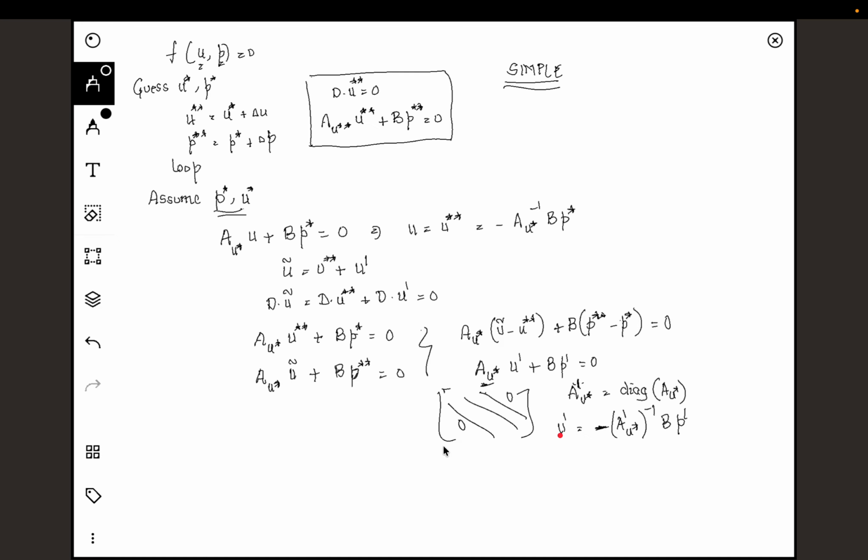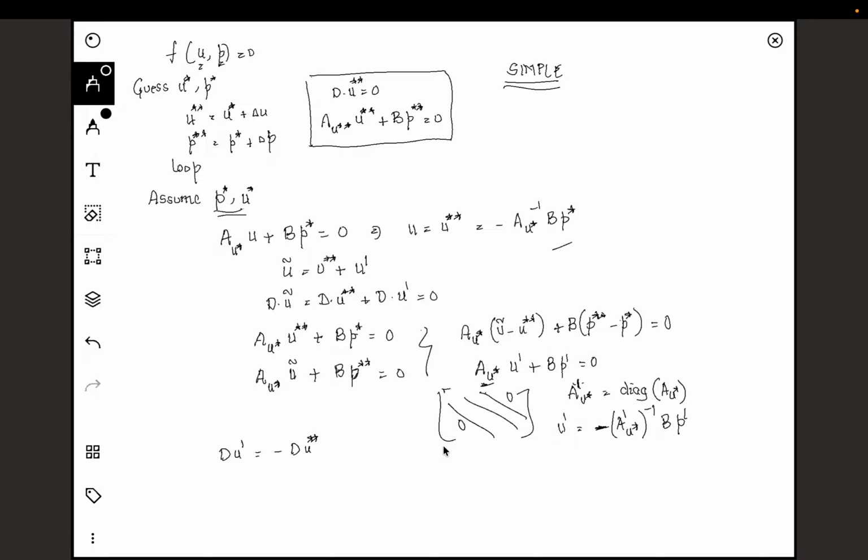Now once I have U prime, I can substitute this back into my equation here, which will give me d times U prime is minus d times U double star, because we are assuming d times U tilde equals 0, because the new velocity that we are getting should be divergence free. And U double star is already known from here.